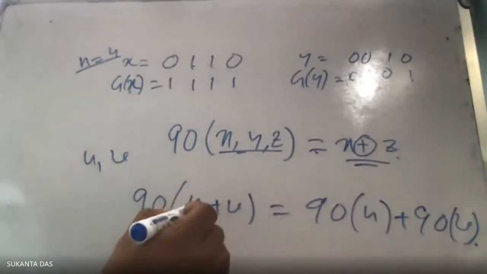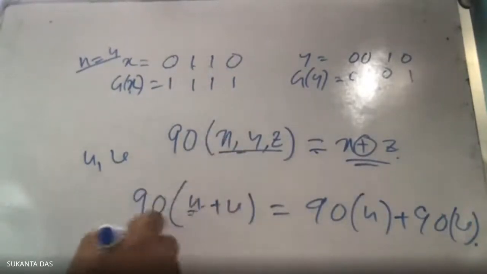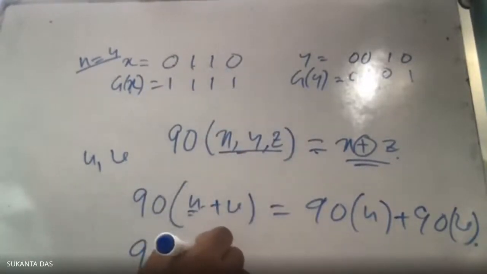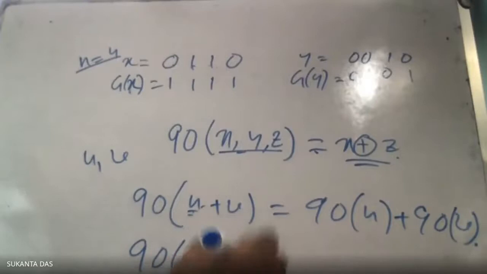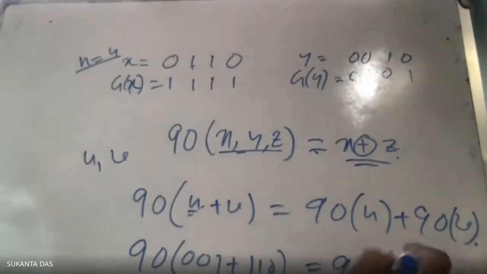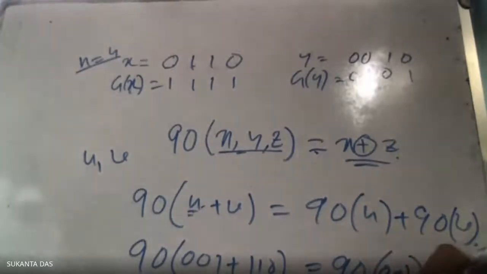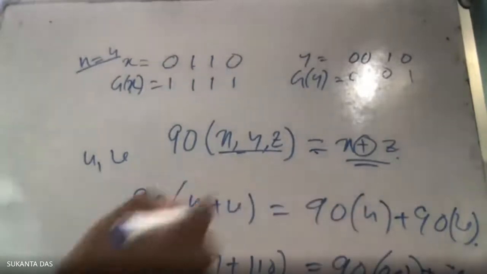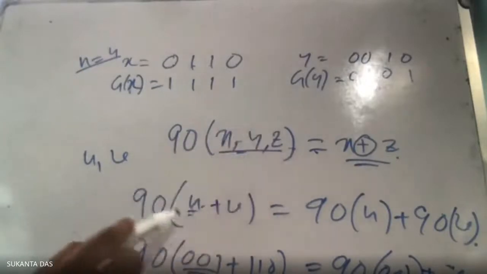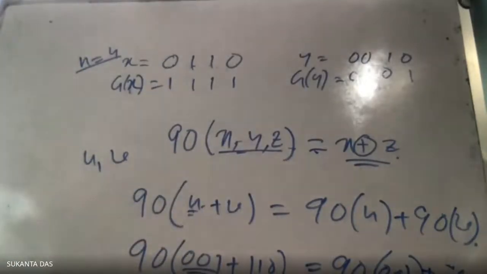So you take any one, say 90, you can test, say 0, 0, 1 plus 1, 1, 0. This is a vector actually, 3 arguments are there. U means x, y, z, because 90 has 3 arguments.